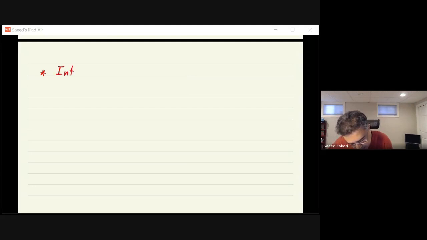And the classical method to deal with the integrals of rational functions is the so-called method of partial fractions. I'll explain what that means. Integration by partial fractions.